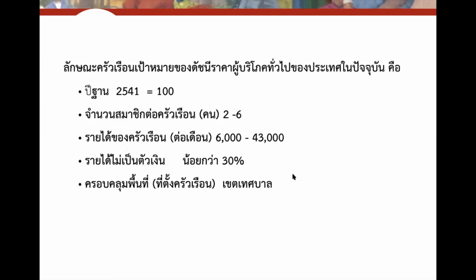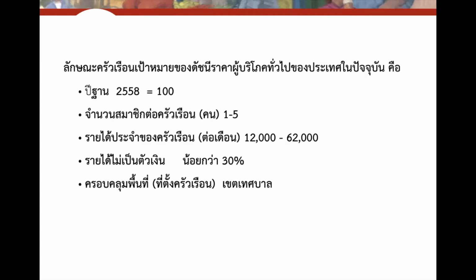So what changed in the last 5 years? We changed the base year to 2015, right? This one, 2015 as the base year. And you can see that the number of family members reduced to 1 to 5. So this reflects the change in the demographic and social in Thailand.